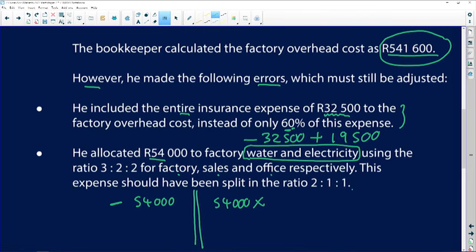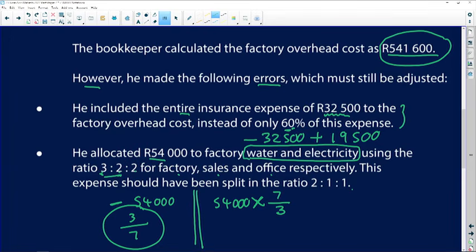54,000 represents the ratio 3 out of 3 plus 2 plus 2, so 3/7. So 54,000 is 3/7 of the total water and electricity. I want to work out the total before applying this ratio, so I'm multiplying by 7 and dividing by 3.